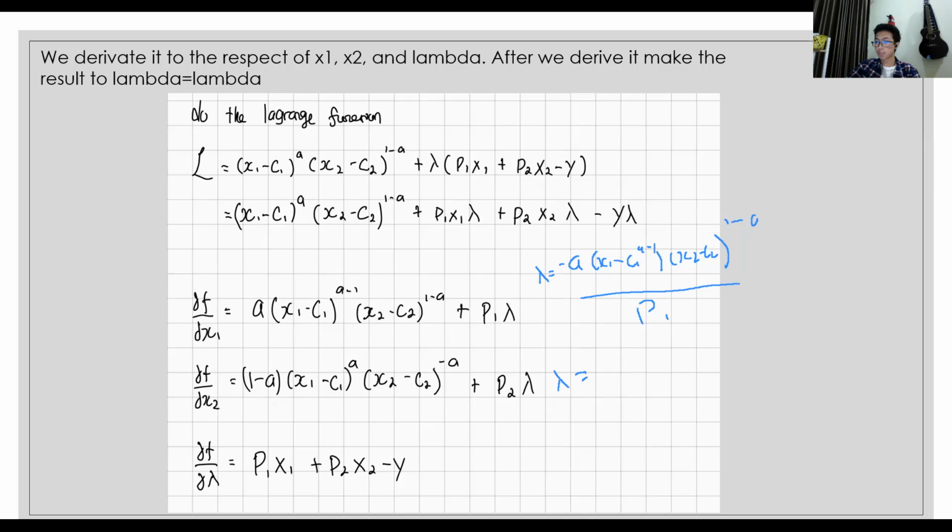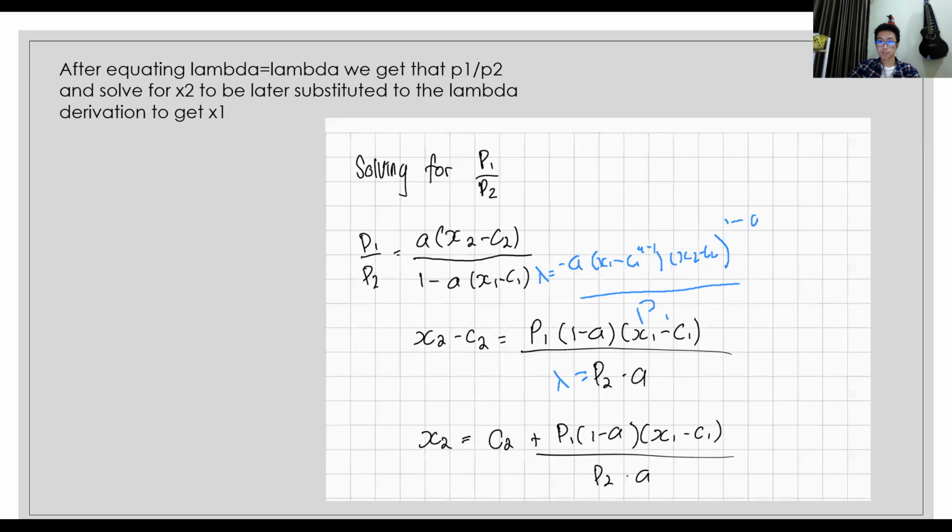After we do that, let me just clear this up. We have p1 right here, and p2 later. When lambda equals lambda, we get p1 over p2, and we get this value right here.